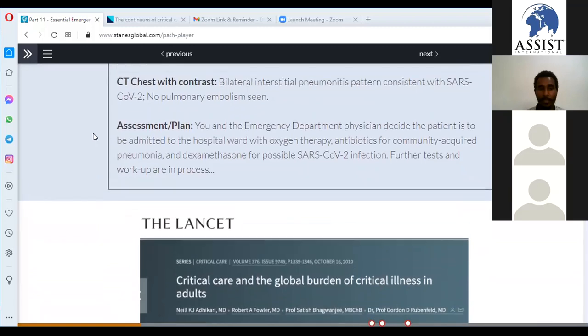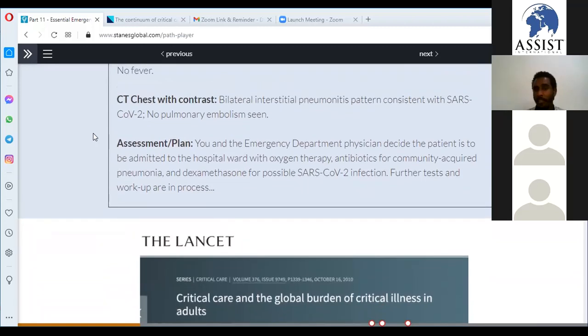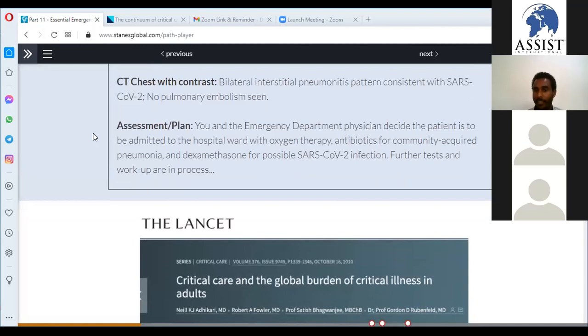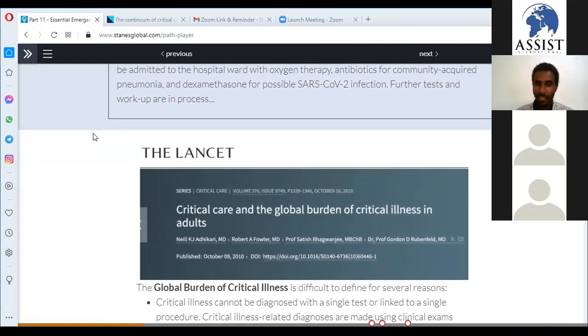So your plan is that you and the emergency department physician decide the patient is to be admitted to the hospital ward with oxygen therapy, and antibiotics started for possible community-acquired pneumonia, and dexamethasone was also started for COVID infection, and further tests and workups are in process.